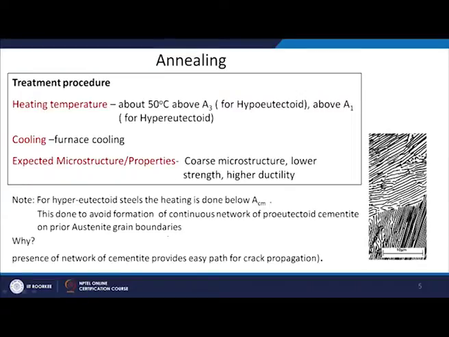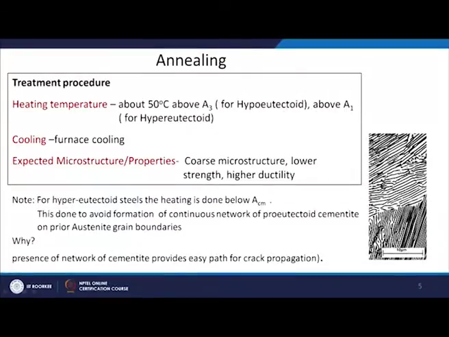If you remember, when we were showing you proeutectoid ferrite, it was forming on the austenite grain boundaries, and because of that it was getting a continuous network of cementite. Now, please understand that cementite is a hard and brittle phase. So, if any crack nucleates, it is easy to go along this boundary, and your material will fail without any warning actually.